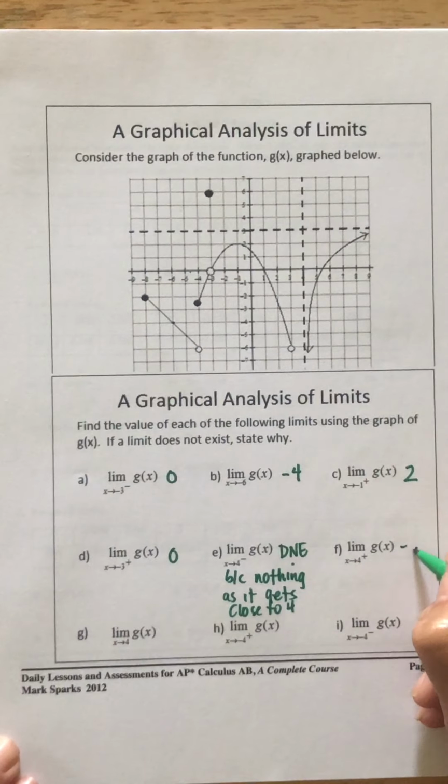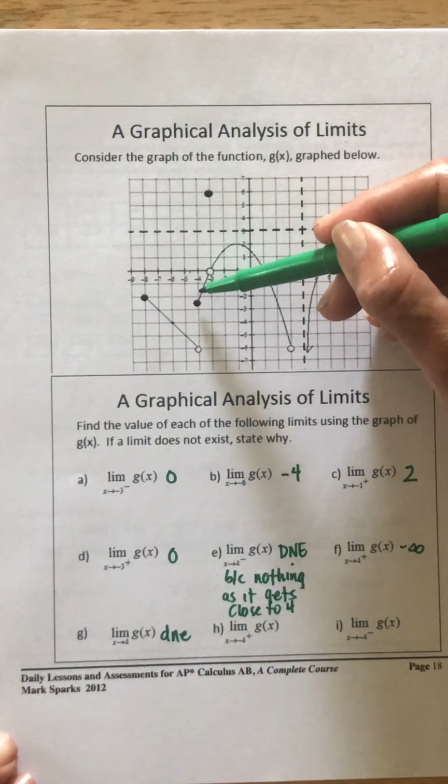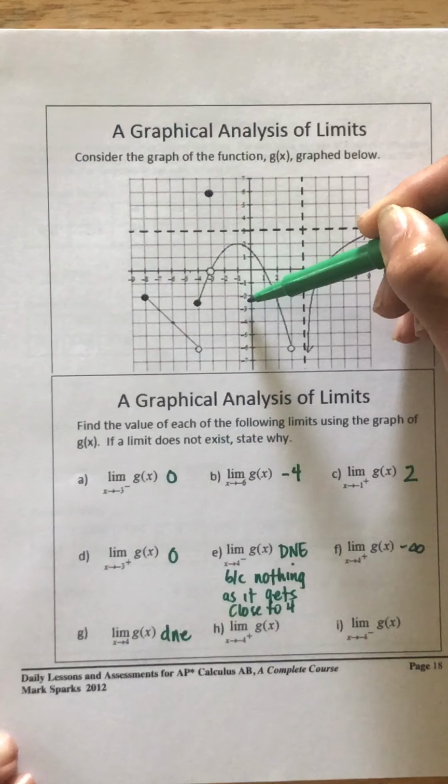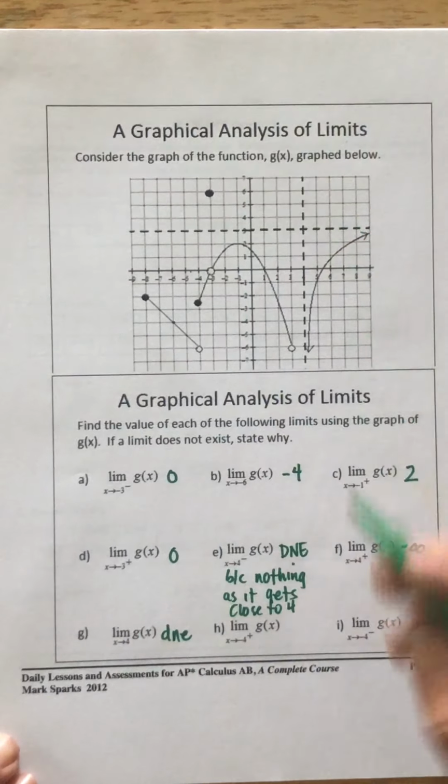All right, so now we're hopping to -4. All right, -4 from the right looks like it's going to a value of, that looks halfway between -2 and -3. So I'm going to say -2.5. And the limit as x approaches -4 from the left. All right, coming in hot.